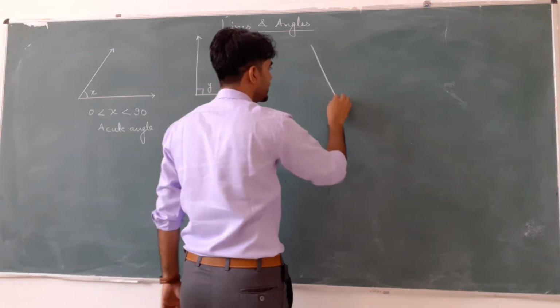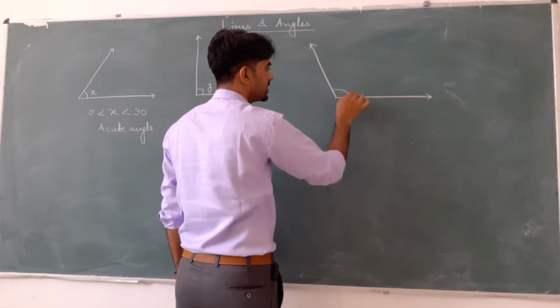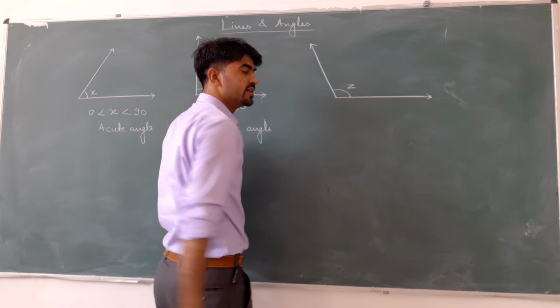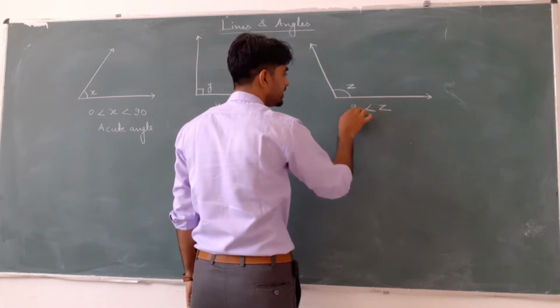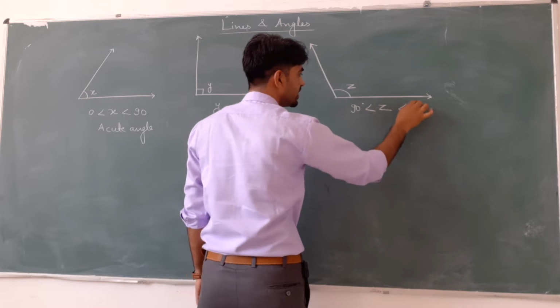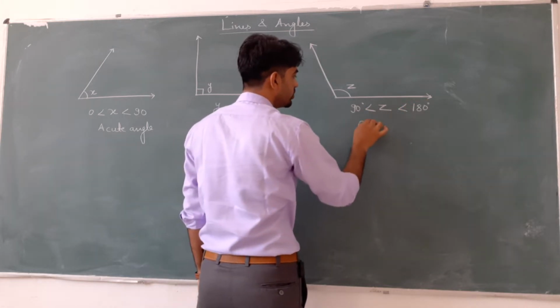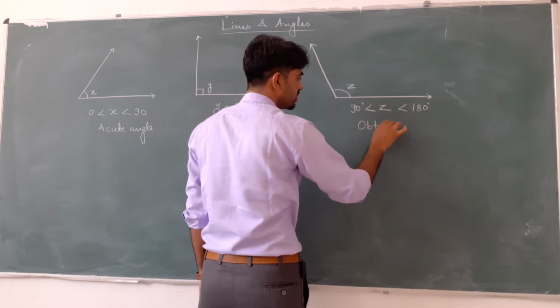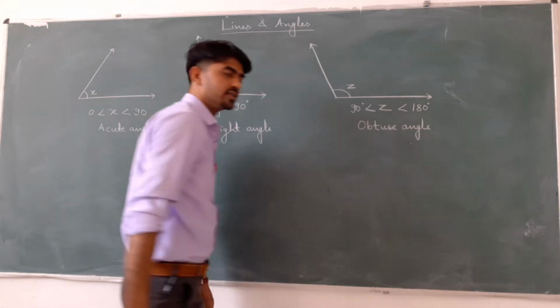Then we can have an angle which is greater than 90 degree but less than 180 degree. Let it be z. So angle z is greater than 90 degree but less than 180 degree. So this angle is called obtuse angle.